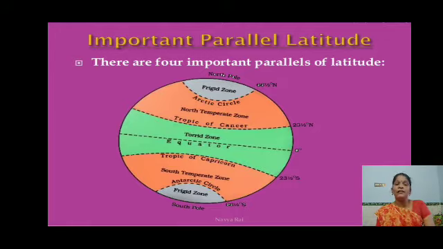Then on the north side, 23.5 degree north is the Tropic of Cancer, and 66.5 degree north is the Arctic Circle. Then the same 23.5 degree in the south is the Tropic of Capricorn. Then 66.5 degree in the south is called the Antarctic Circle.